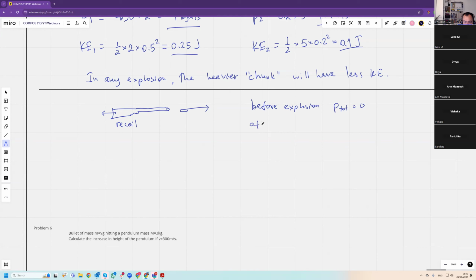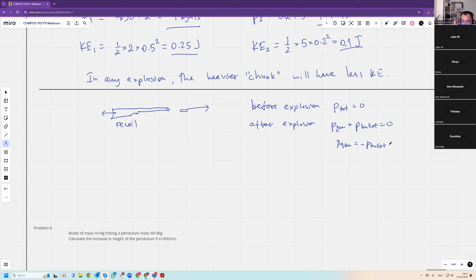Now, after explosion, the momentum of the gun plus the momentum of the bullet have to equal 0 as well. That means the momentum of the gun is minus the momentum of the bullet. Effectively, what am I saying? They have the same momentum.